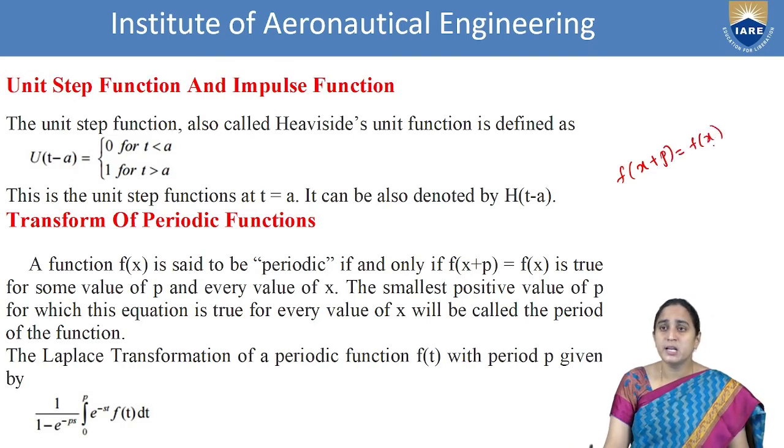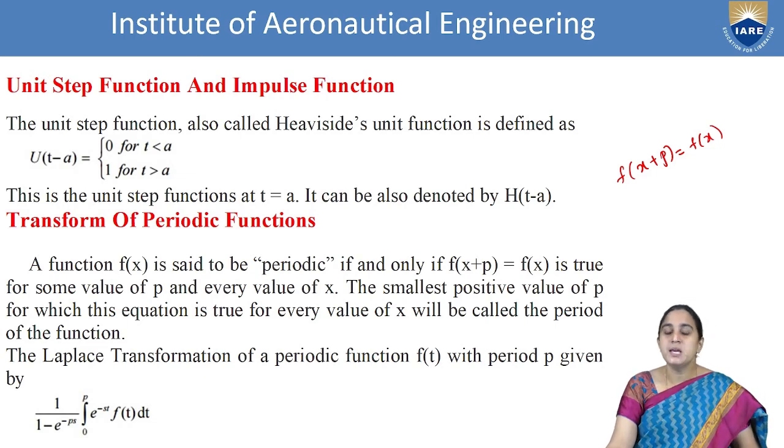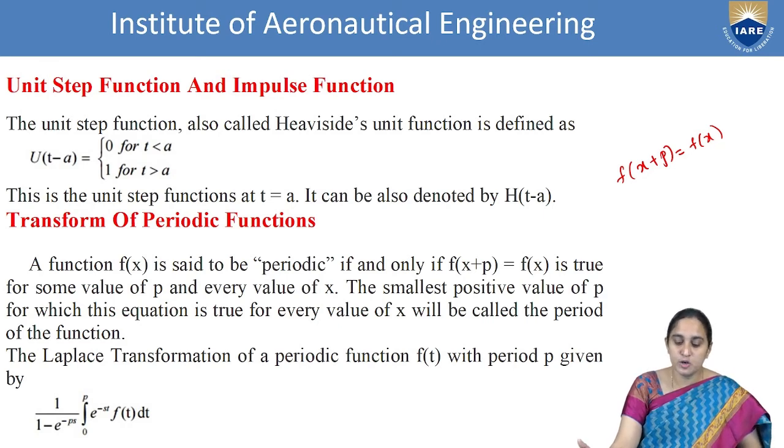That means the formula is f of x plus p is equal to f of x. But the condition here is that p is the smallest positive value, for every value of x.